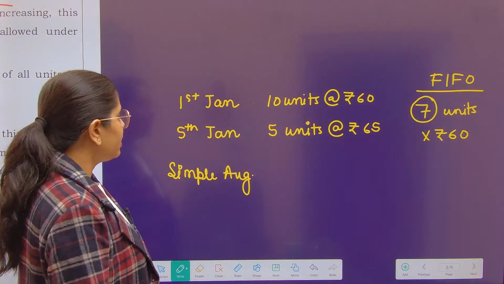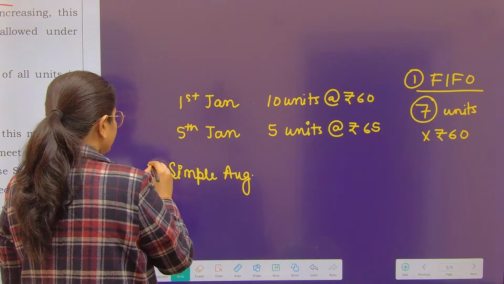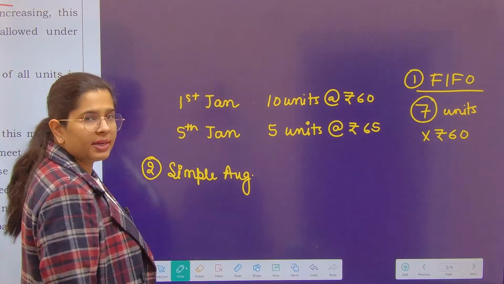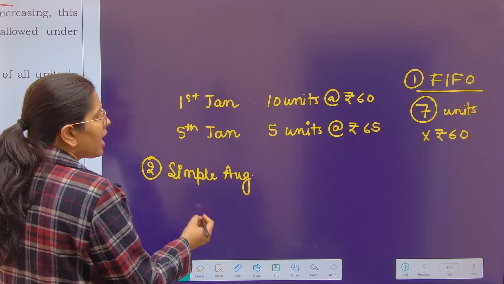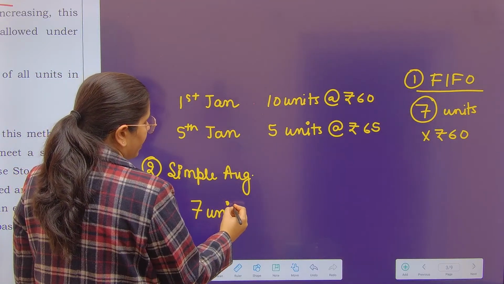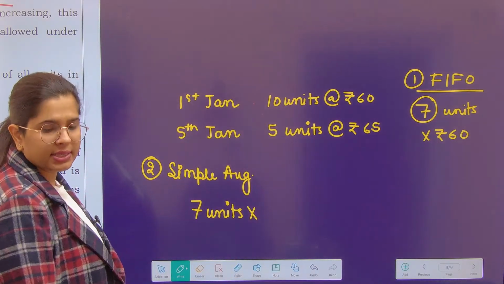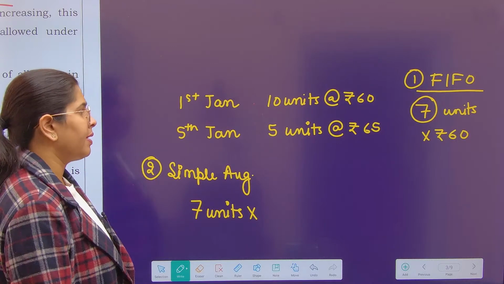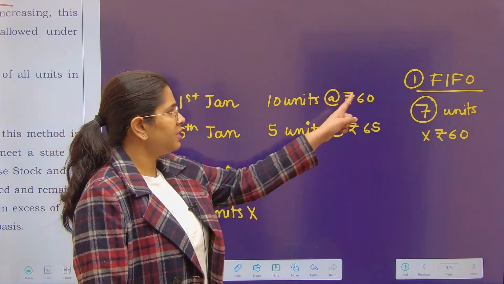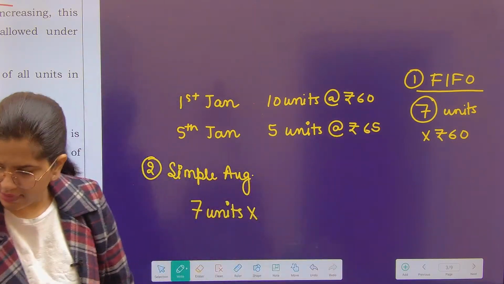Correct? Now another method which I have is simple average. Simple average method says what? Suppose I have used 7 bags of maida in my production process. Now I want to find out at what price I should recognize it. So simple average says there are two prices, 60 and 65.